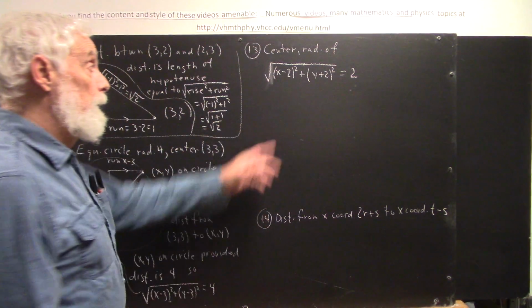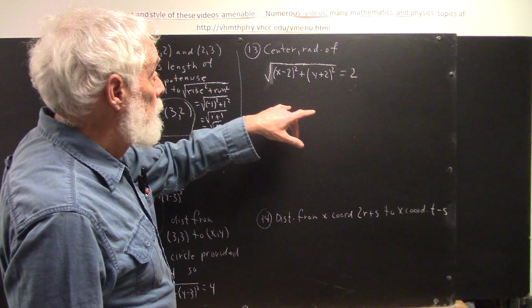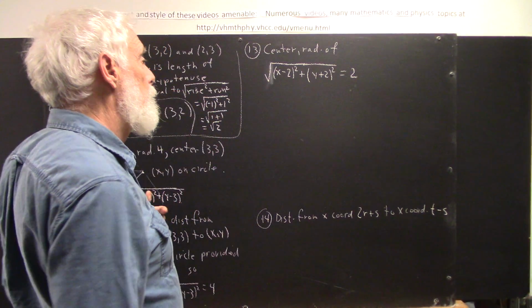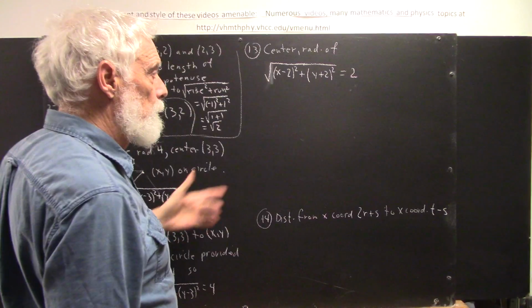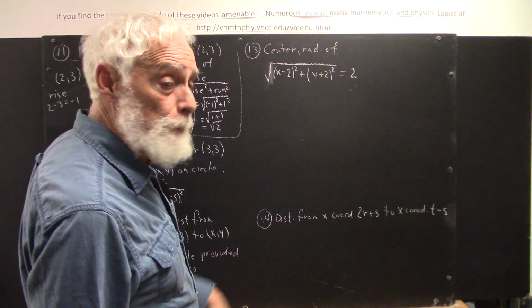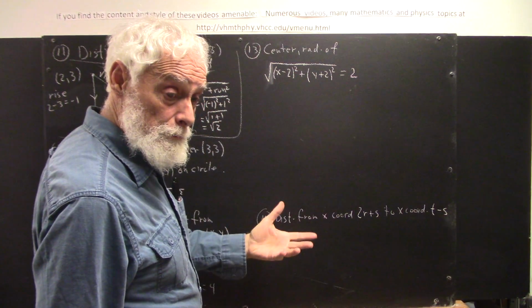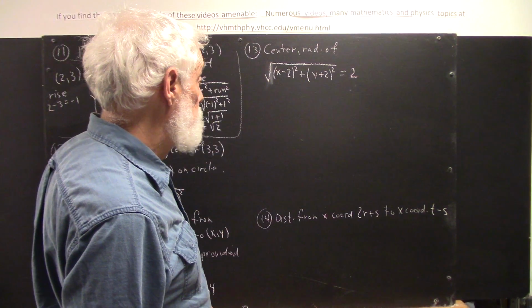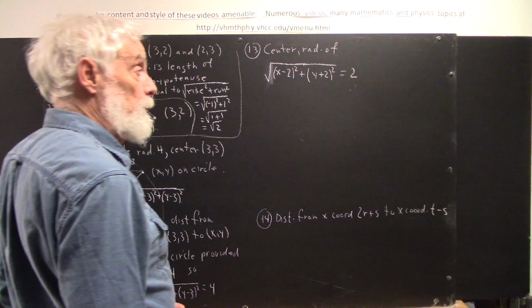Now we want to find the center and radius of the circle whose equation is given by this. Okay? So what does this tell us?